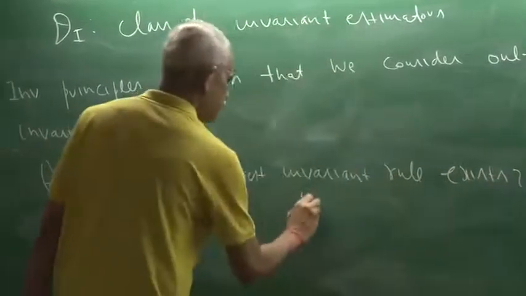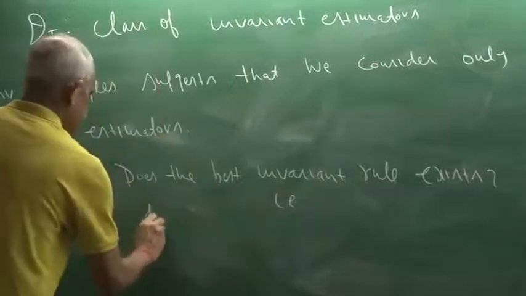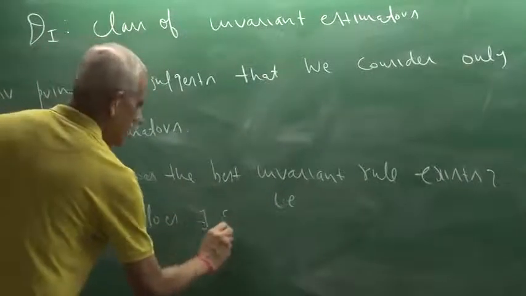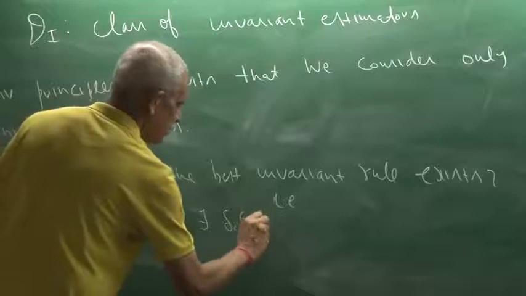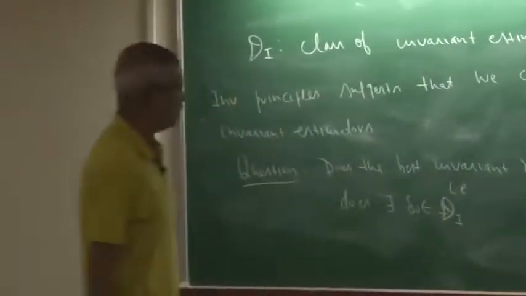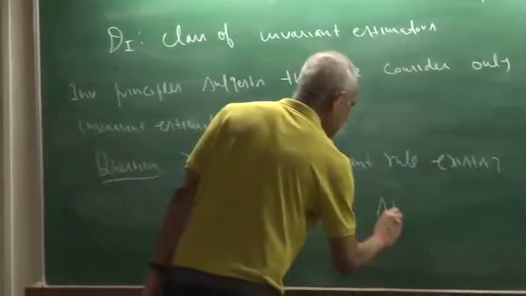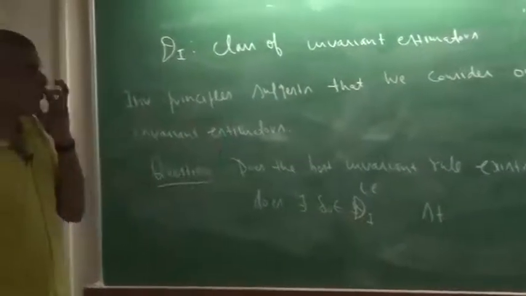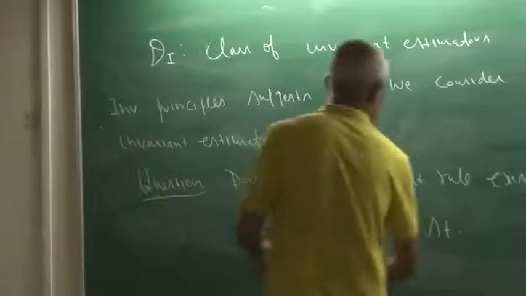That is, does there exist a decision rule delta naught in D_I whose risk is the smallest for every parametric configuration?